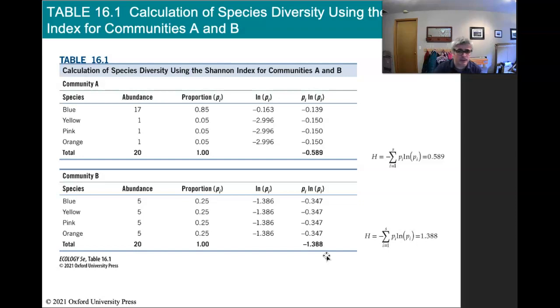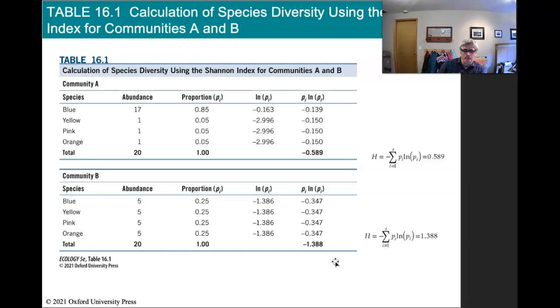Now, because we're just summing this up, if we had 10 species here, we'd start to get a larger value here as well. So the H index increases with species richness, the number of species we're adding up, and species evenness. So it's a way of combining both of those into a single metric.